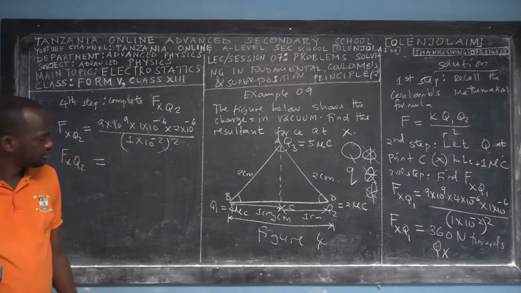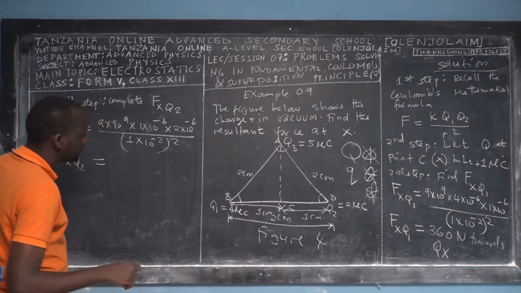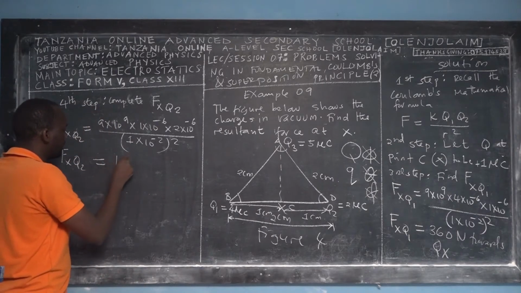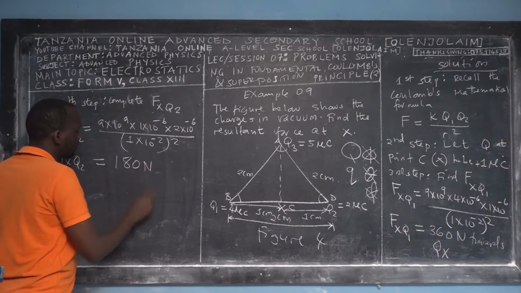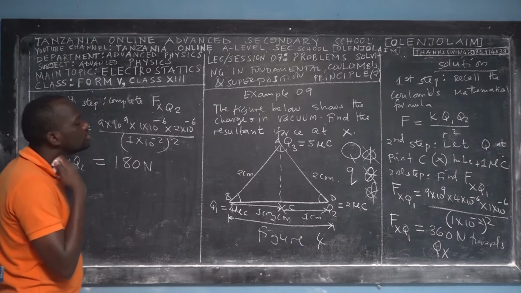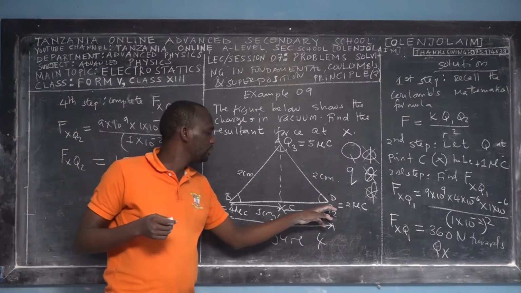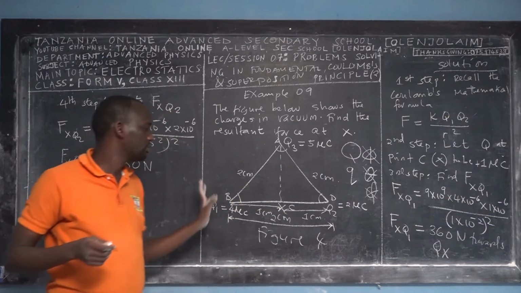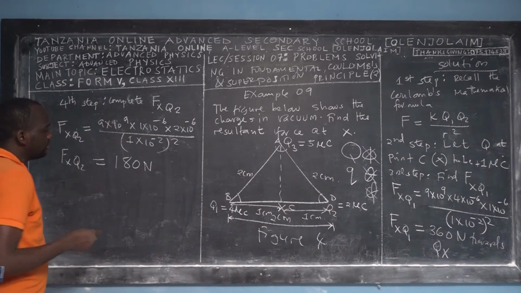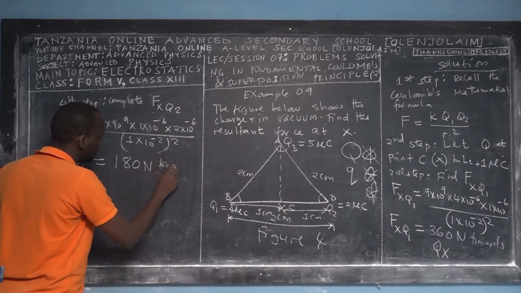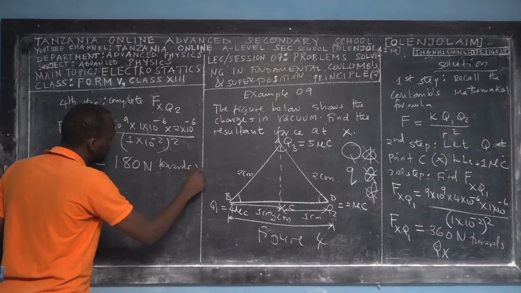One eighty Newton. This is also repulsion. So this Q will push this one away. So say that again, even this one is towards X.